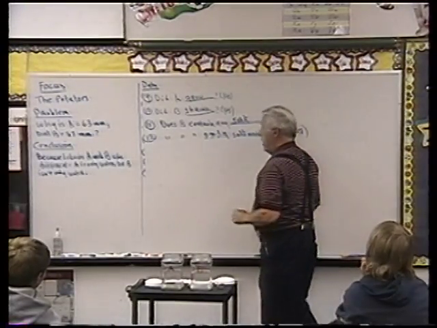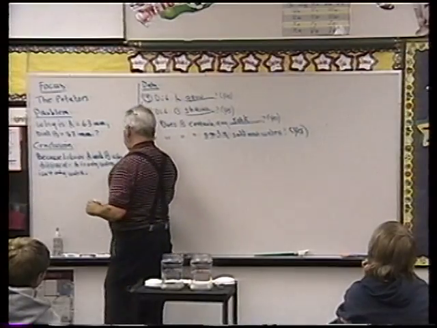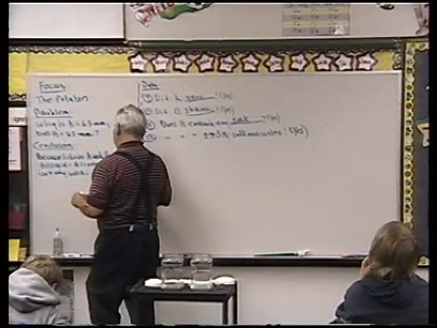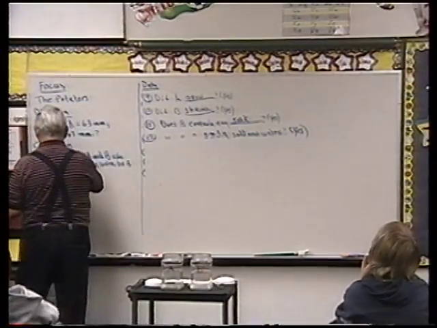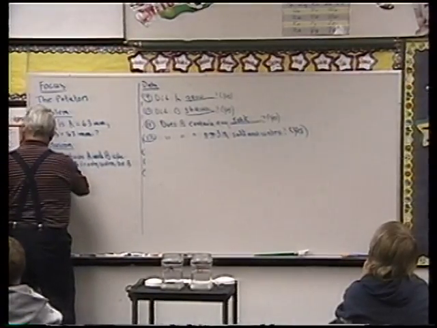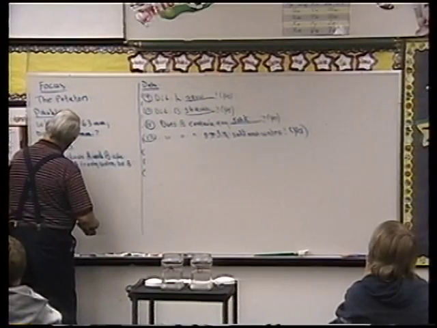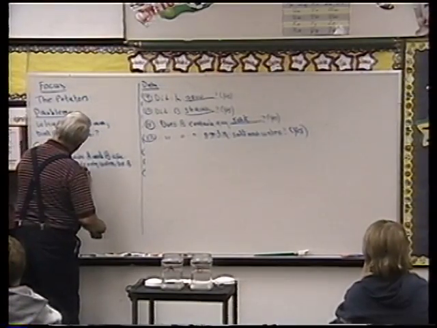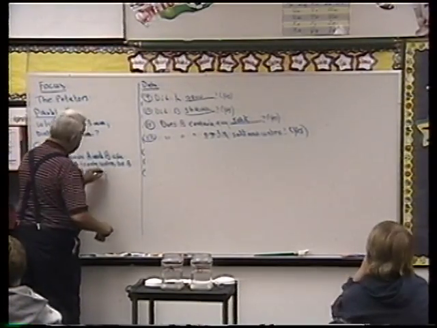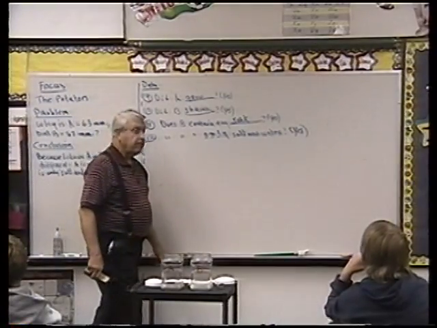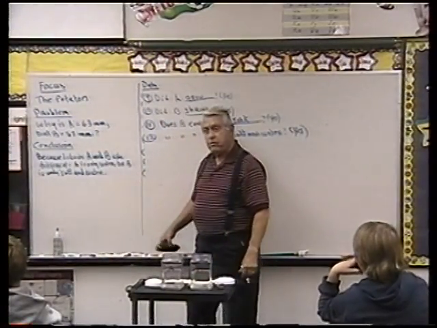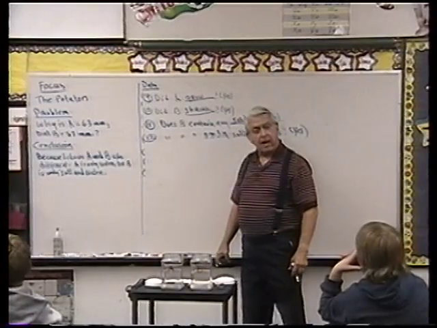All right, so now A is only water, but B is only salt and water. Okay, it's getting a lot better now. In fact, there may be enough information there that you can figure out how to set this up.